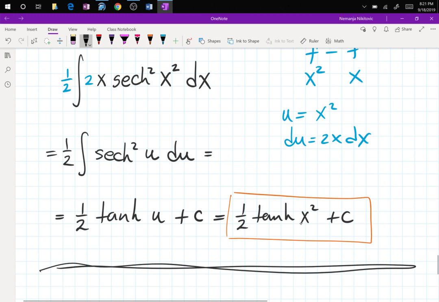Let's take a look at an example that they might have in the homework somewhere. May I suggest disk method, shell method, area between two curves, area of surface of revolution.